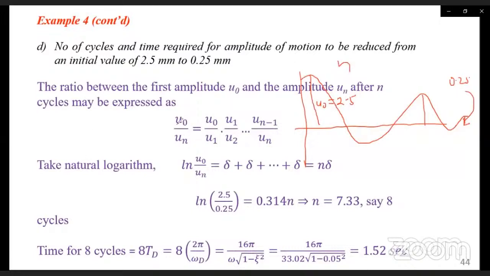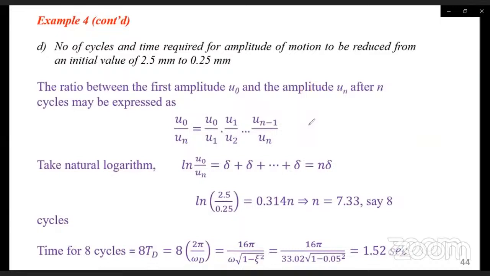If there are 10 cycles, we know u naught over un will be u naught over u1 dot u1 over u2 dot u2 over u3 like that, up to un minus 1 over un. This is what we call the dot product. I don't know at which unit you started the dot product and the cross product, whether it was in geometry or algebra, and also in the chain rule in calculus, I think you used it.